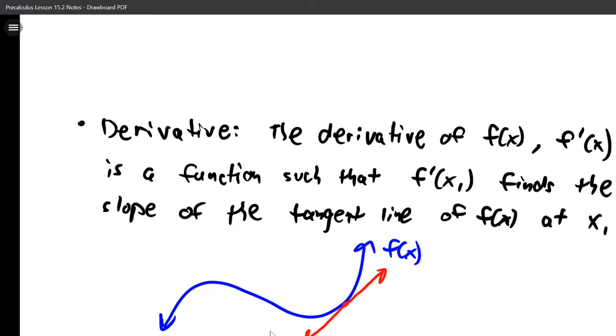So what we could say here is that this particular x value is x sub 1. We can say that f prime of x sub 1 equals the slope of that tangent line, okay?